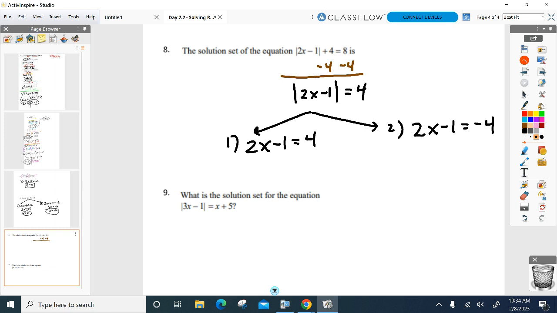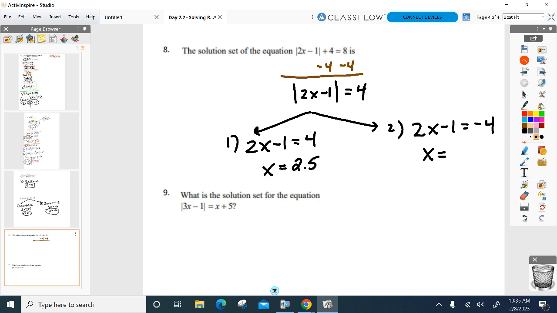And yeah, you'll get some decimal action here for answers. 2.5 on one side.